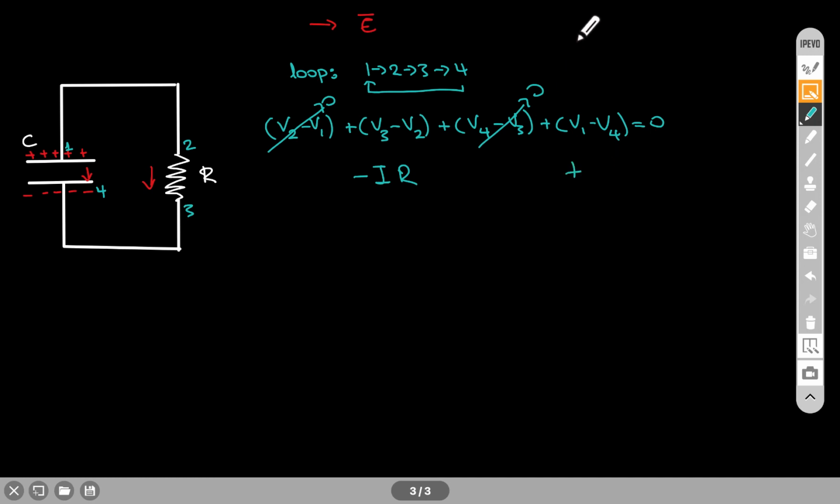Now remember, I said before, I know that C, the capacitance, is defined as Q over delta V, and this means that the potential difference across the capacitor is just Q over C, so I can use that here.